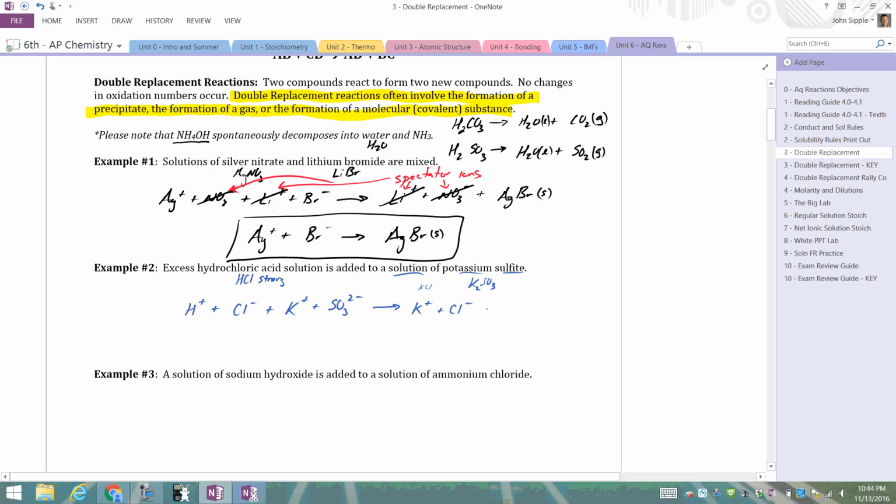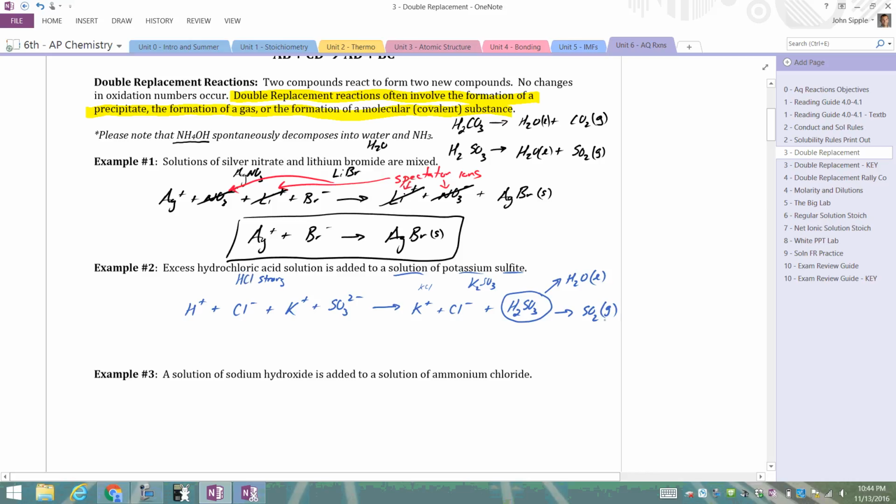And the other one is going to be H2SO3. But remember, this is one of our special cases: when you get this as a product, it's going to break up into liquid water and sulfur dioxide gas.